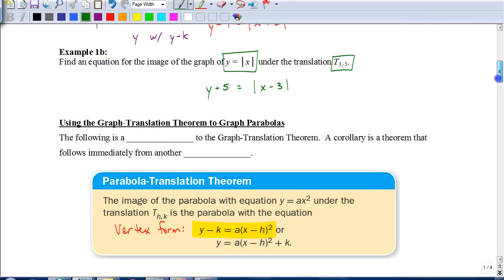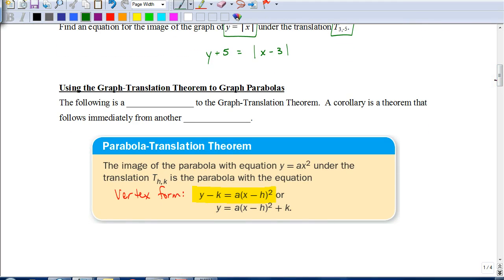So let's talk about one more thing real quickly here, and that's how we can come up with the vertex form for a parabola. So for a parabola, your parent function is always y equals a times x squared. Well, if I use that graph translation theorem to come up with a new equation, I would replace y with y minus k, so it's y minus k equals instead of just y equals. And then this a we'll talk about in the next video.